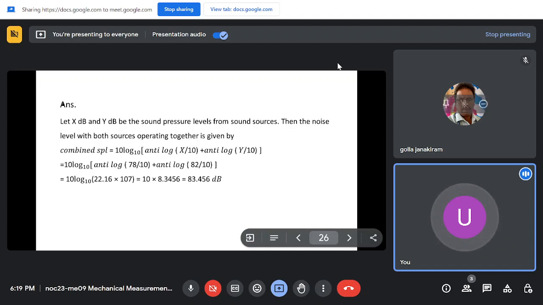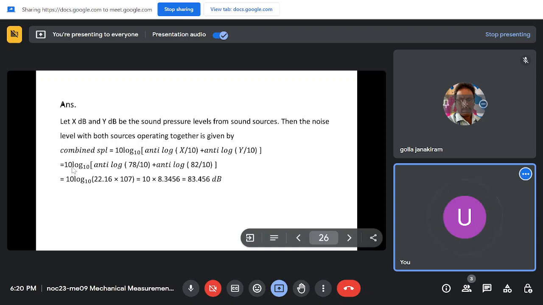If x and y are the sound pressure levels of two machines, then the combined noise level will be 10 log 10 of (antilog of x by 10 plus antilog of y by 10). This is the combined relation.